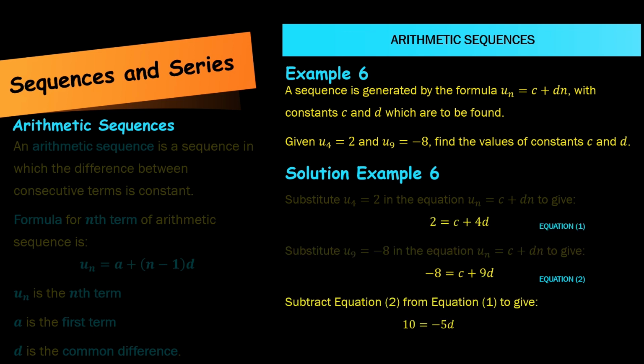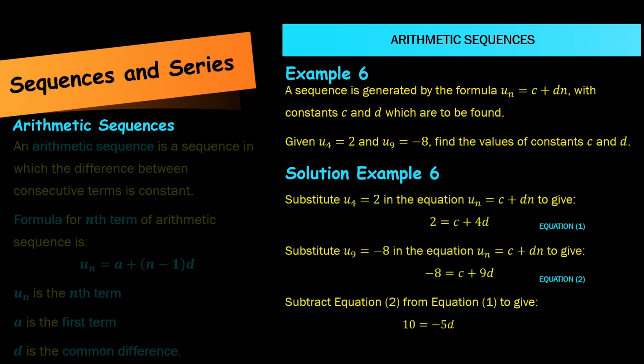Now we have two simultaneous equations, equation 1 and equation 2 as shown. If we subtract equation 2 from equation 1, we obtain 10 equals minus 5d, as shown here. And so solving for d gives us that d equals minus 2.